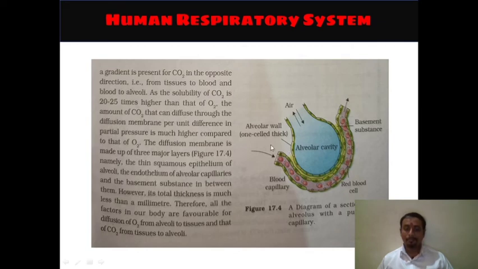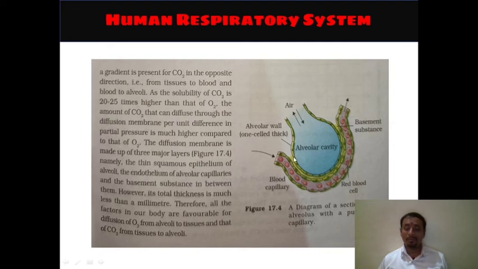Alveolar wall, one cell thick, then basement substance and alveolar cavity. However, its total thickness is much less than a millimeter. Therefore, all the factors in our body are favorable for diffusion of O2 from alveoli to tissues and that of CO2 from tissues to alveoli.